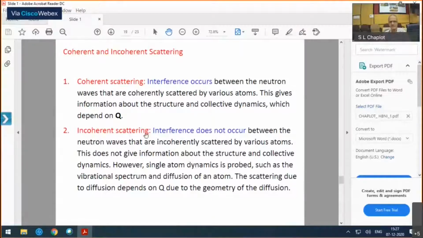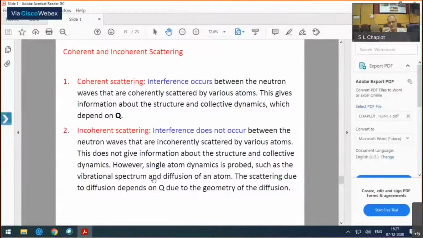So whatever incoherent scattering is taking place, if the energy analysis of the beam is done, then the corresponding spectrum will give us the single atom dynamics. For example, the vibrational spectrum, or the diffusion, the stochastic dynamics. So stochastic dynamics, again, because it's a diffusion of a given atom. So it's the same atom which is diffusing as a function of time.